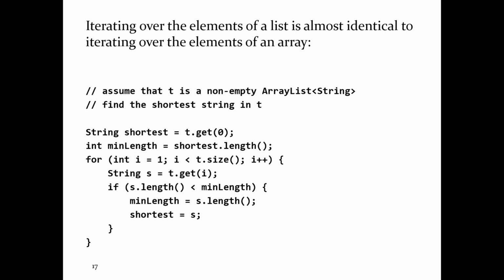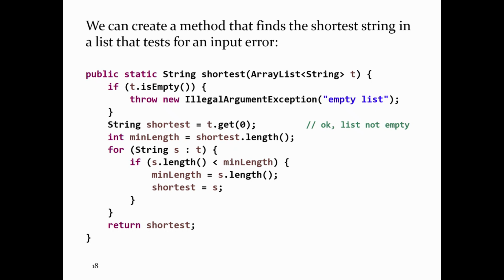All right. There is a small issue with the two versions of the code from the previous two slides. If you're frequently looking for the shortest string in a list, then you should probably write a method to do so.